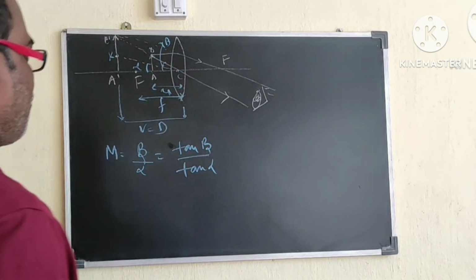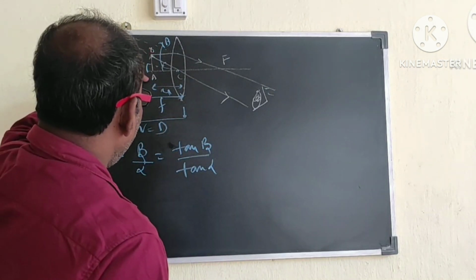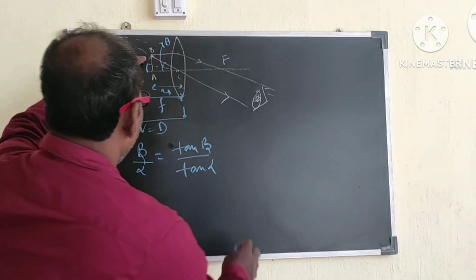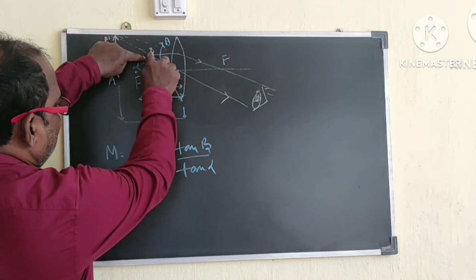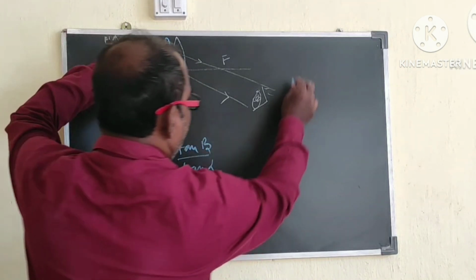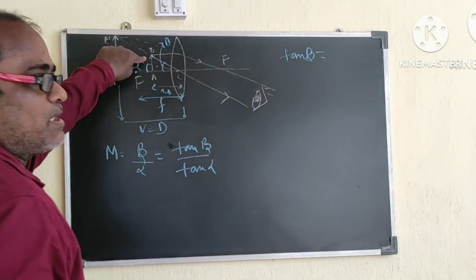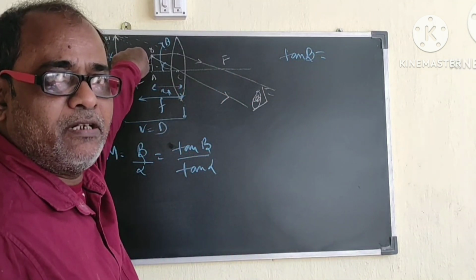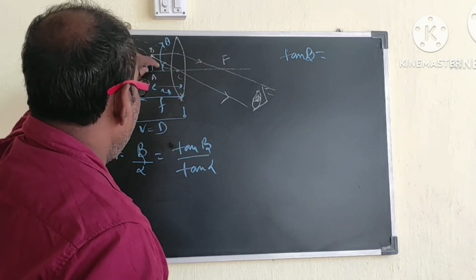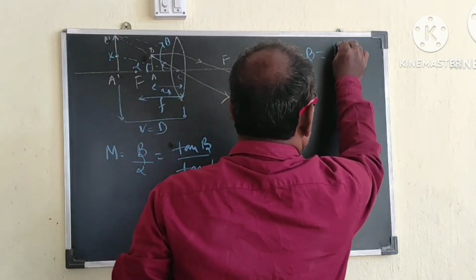Now my dear, from this triangle ABC we can find out tan beta with the help of the trigonometrical ratio. So tan beta is equal to, we know, perpendicular by base, that means AB by AC.